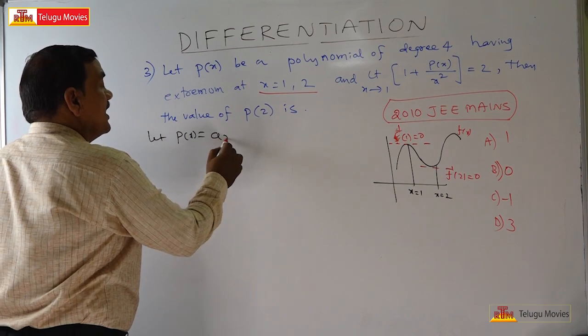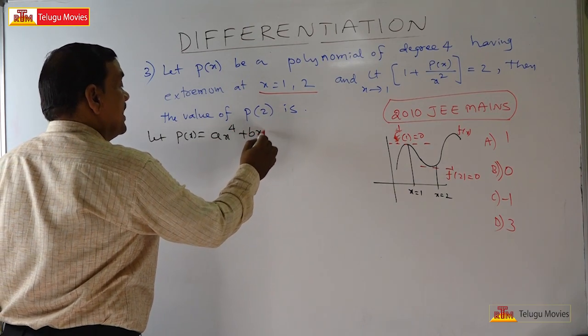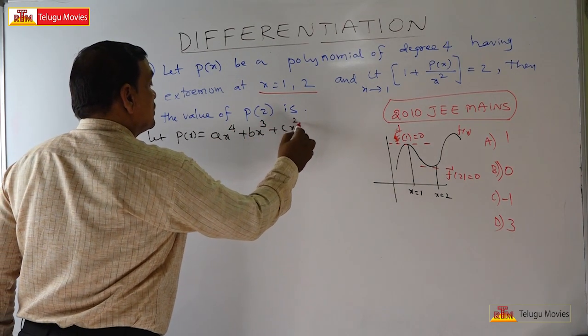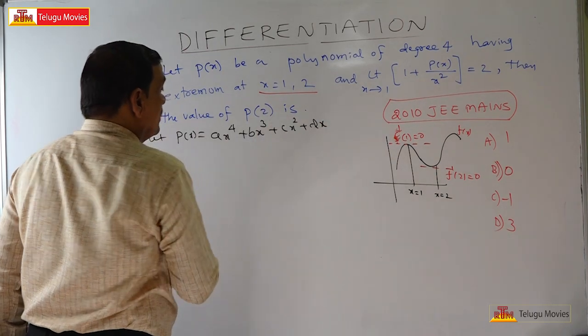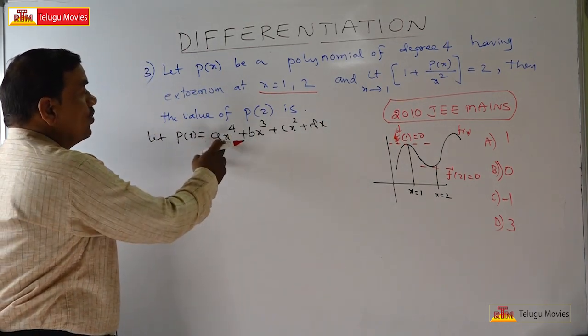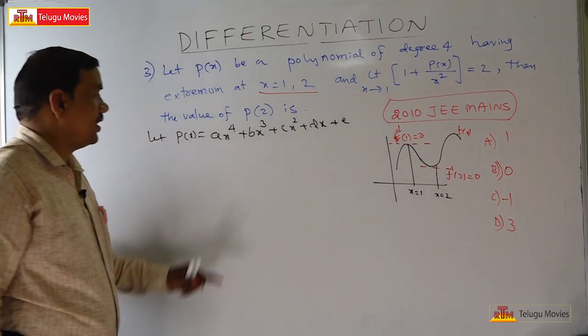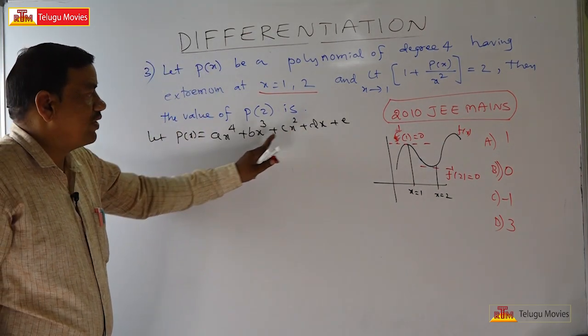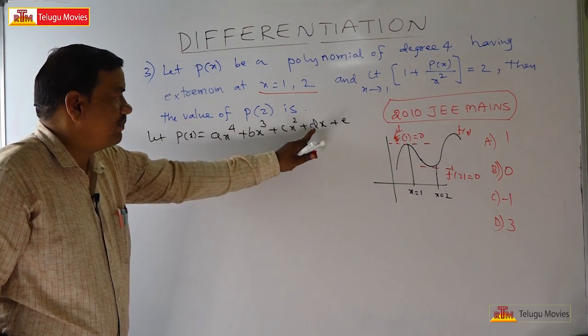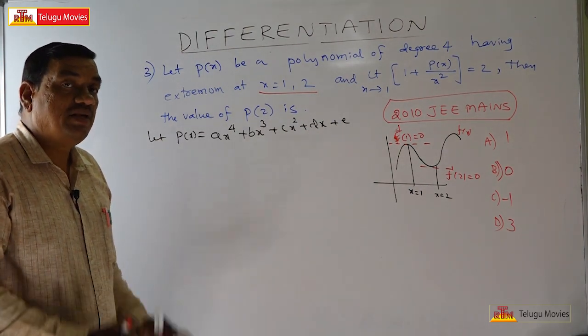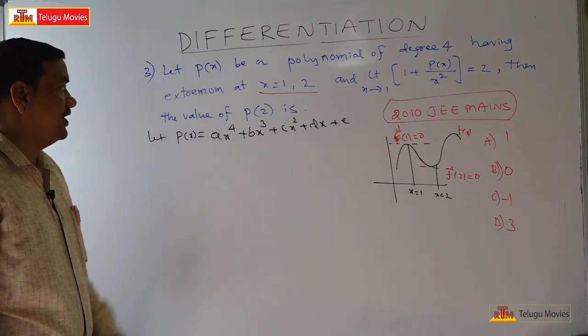Degree 4 means ax to the power of 4 plus bx cube plus cx square plus dx plus e, with coefficients a, b, c, d and powers 4, 3, 2, 1. So let it be the polynomial of 4th degree.